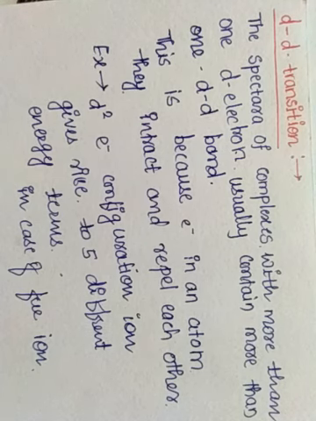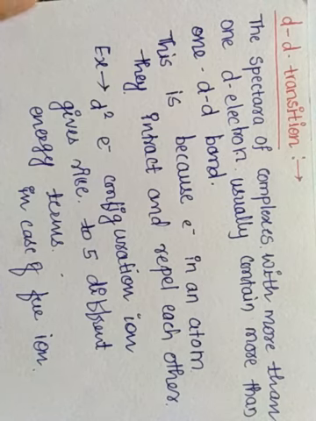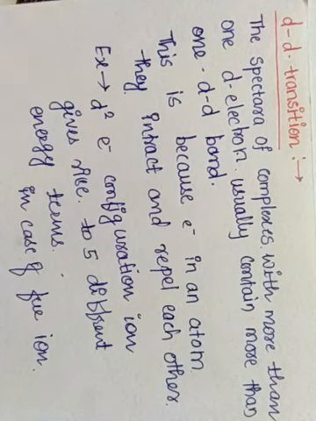So the D2 electron terms are 5 energetically distinct ways of arranging the electrons, as you already know: dxy, dyz, dzx, dx square minus y square and dz square. These are the 5 distinct ways of arranging electrons, and even in the case of a free ion or atom it can be possible.